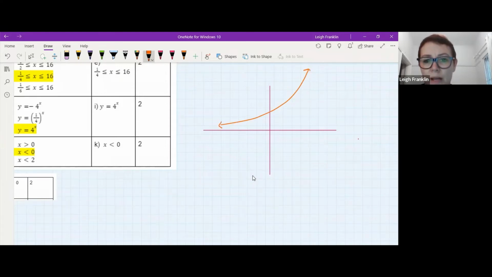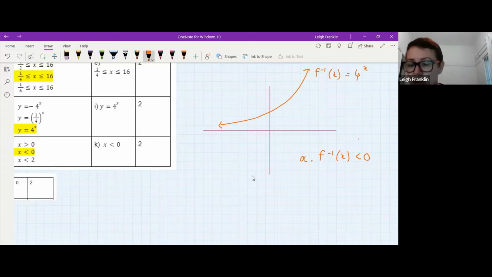So it would look something like that. And they're asking us where is input multiplied by output smaller than 0. So where is it negative? That's what the question is.